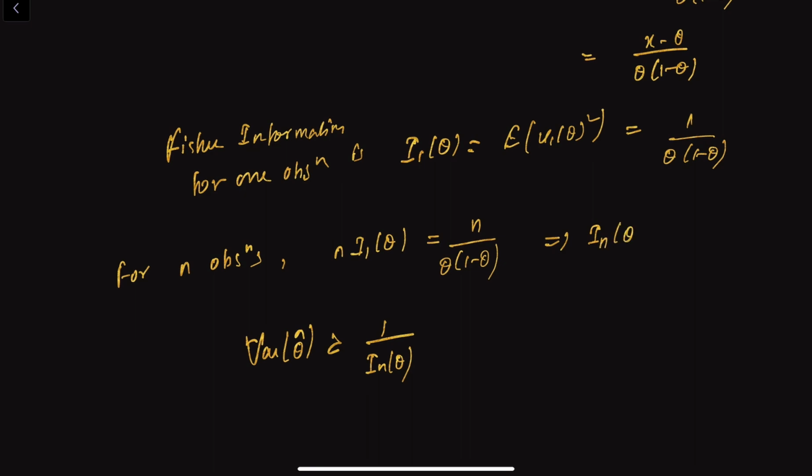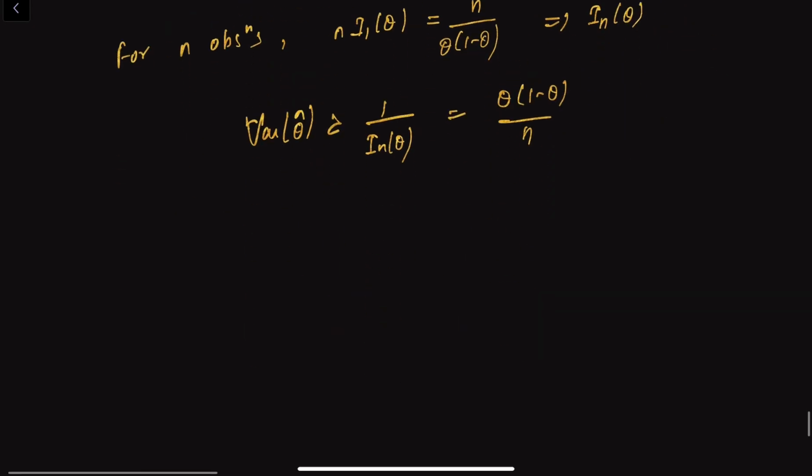Here we got In(theta), which is n by theta into (1 - theta). So variance of theta hat is greater than or equal to theta into (1 - theta) by n. And we can see the regularity conditions required for this Cramér-Rao inequality hold here for values of theta between 0 and 1.